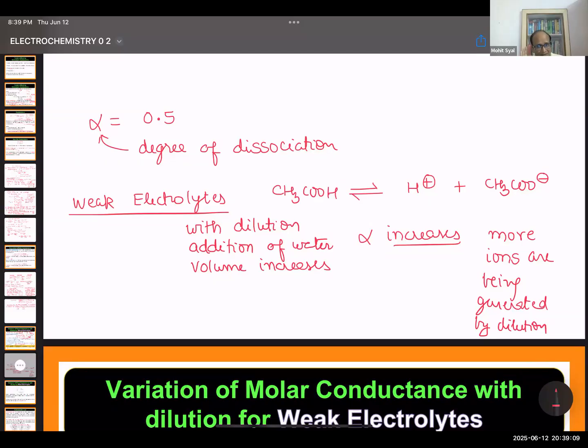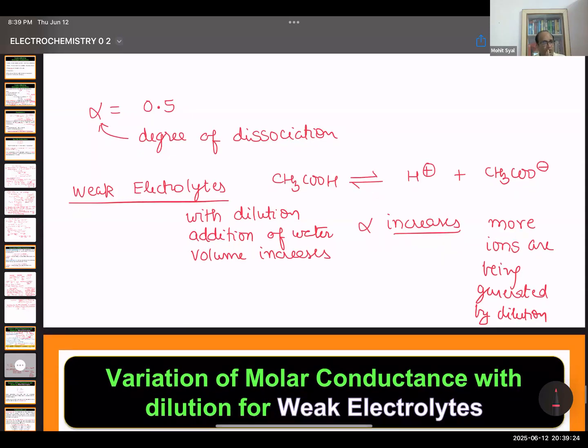I'm not putting more acid. Be careful. I'm talking about molar, meaning 1 mole. But how come more ions are being generated? It is because the acid which you put was initially undissociated. Now the addition of water is causing more and more separation of ions. So more ions are being formed. Is it clear? If ions are being formed, the molar conductance is increasing.